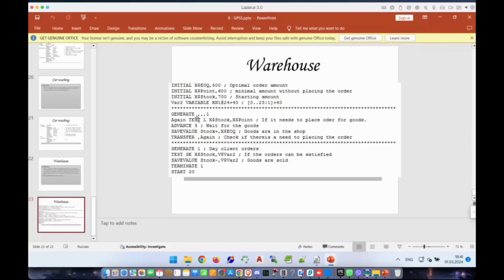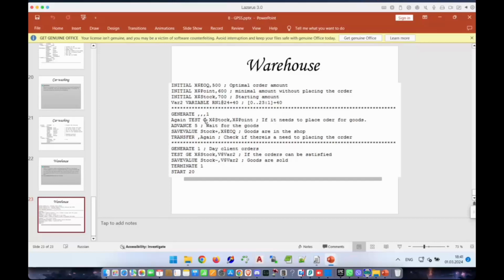Okay, what happens next? Next, we find out if in the stock. So $X, I'm reminding you, means the numerical value of the stock is compared to the numerical value of the point.